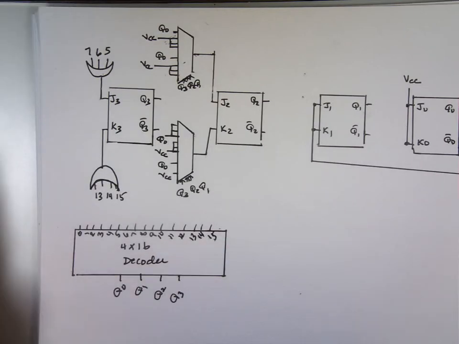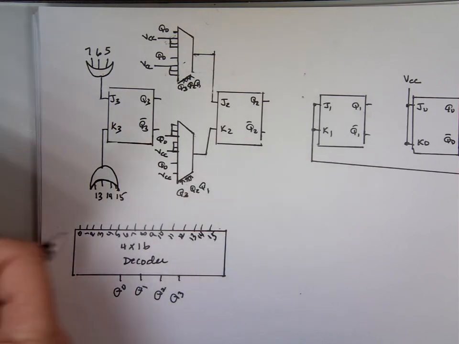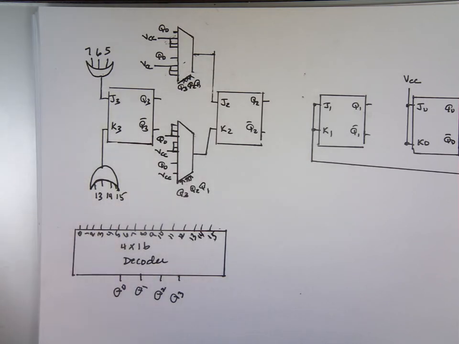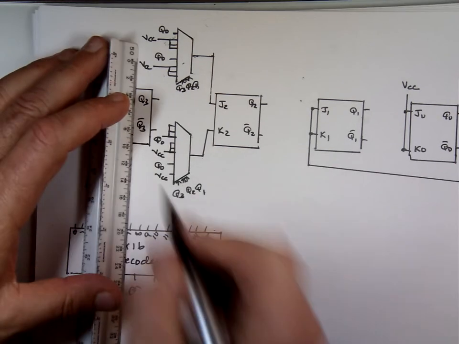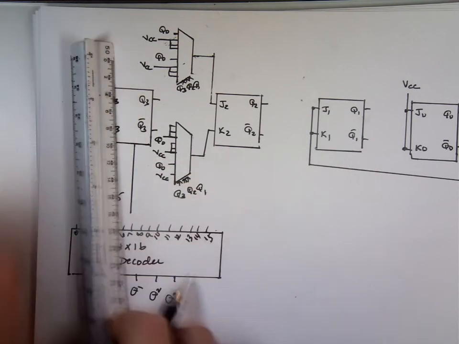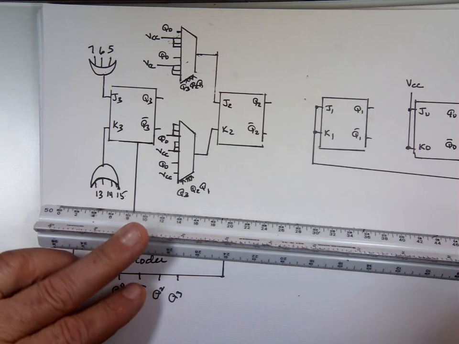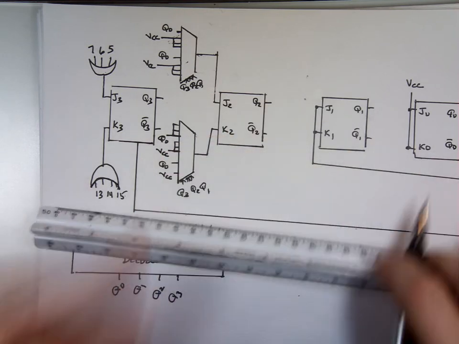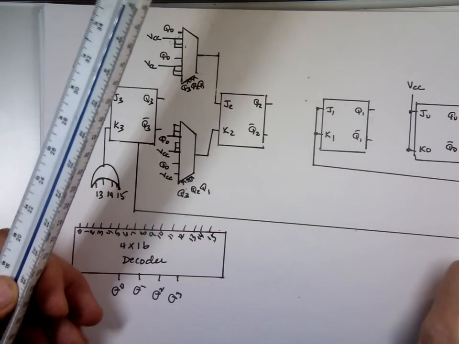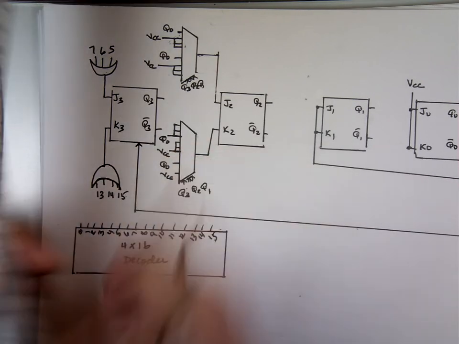And there's only one thing we left out, and that's what? The clock. So we just got to attach the clock there. As the clock comes in, they all click at the same time. So this could be my clock. CK is the clock. It's going to all of them.